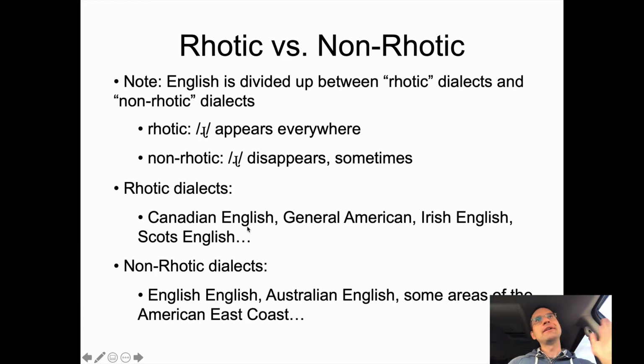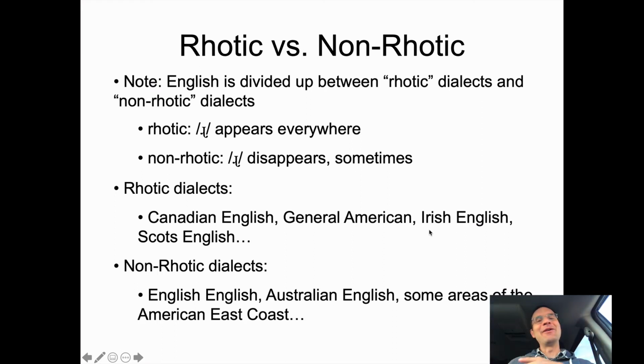And so before about 1700, all of English was a rhotic dialect of English, so they would not drop their R's anywhere. And so any place that got settled by the English before 1700 is largely going to be a rhotic dialect, including places that were just straight up colonized, like Ireland and Scotland. And then, well, I guess all these places were straight up colonized, whatever the case may be.